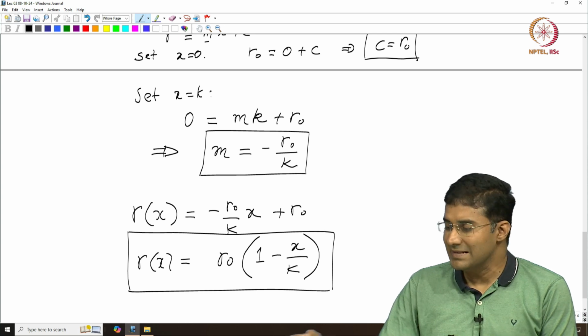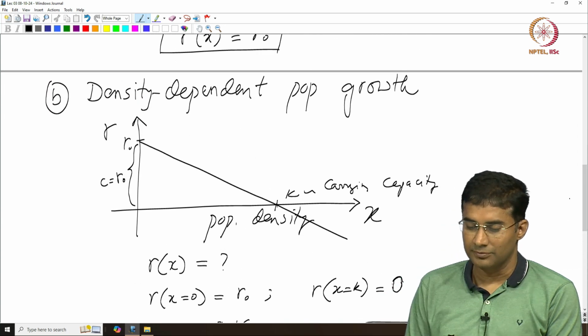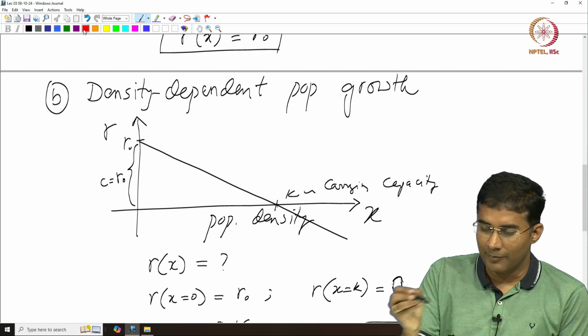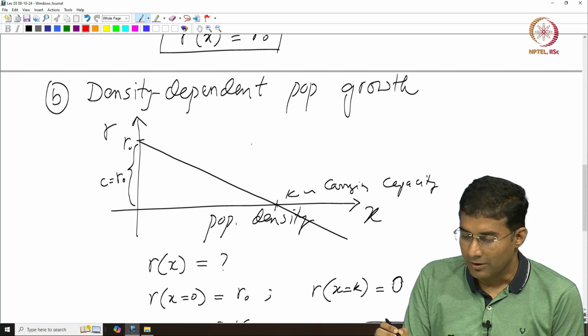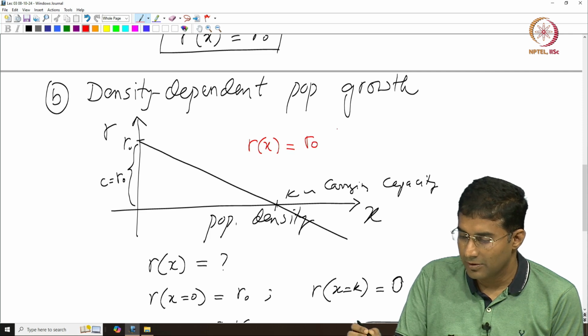This is an equation that captures the graph I showed you. So if I were to write the equation now, r of x would be r 0 times 1 minus x by k.